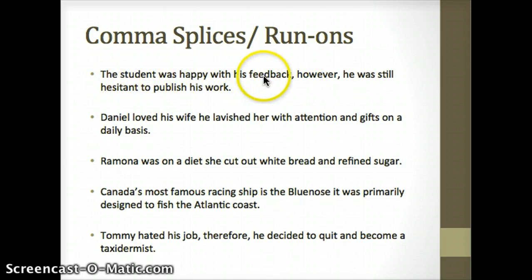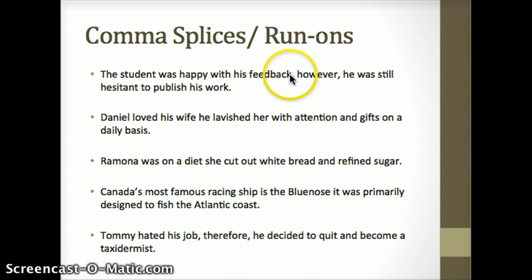So the student was happy with his feedback. That could stand on its own as an independent clause. Our subject, the student, the predicate was happy with his feedback. You could have a period there and this would make sense.